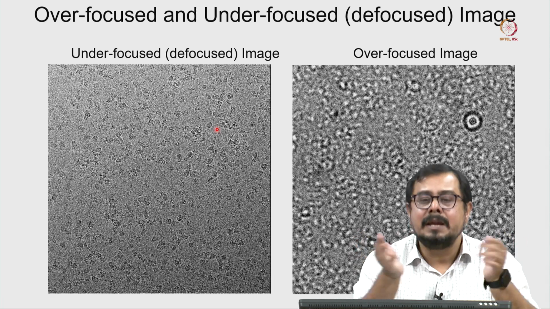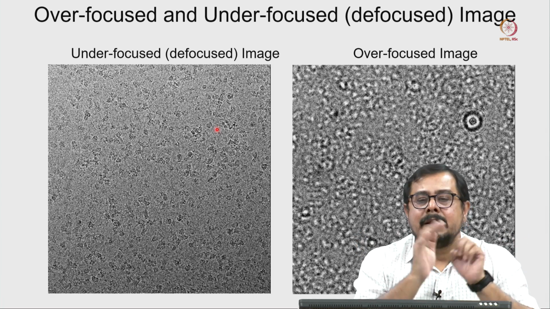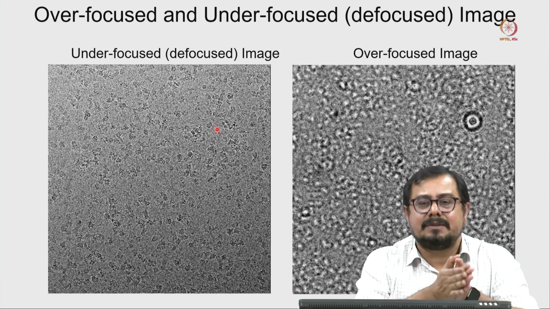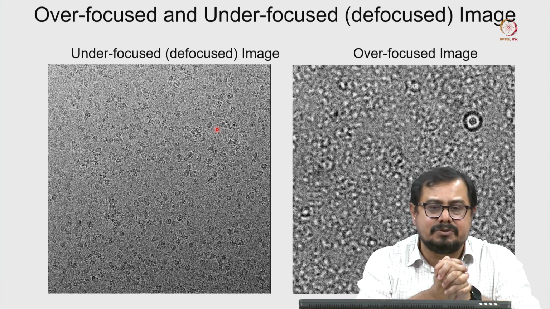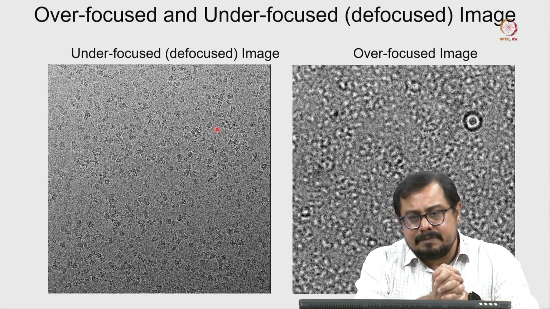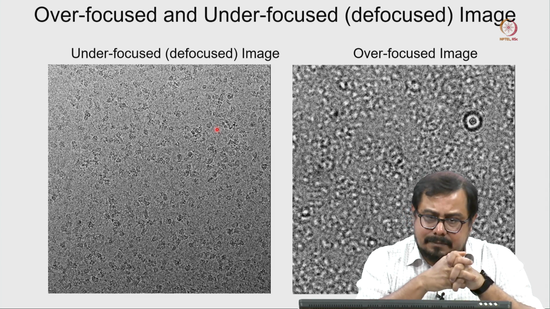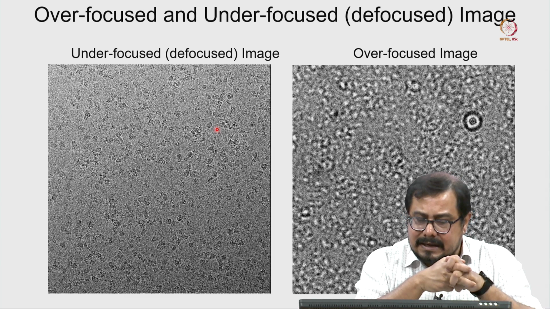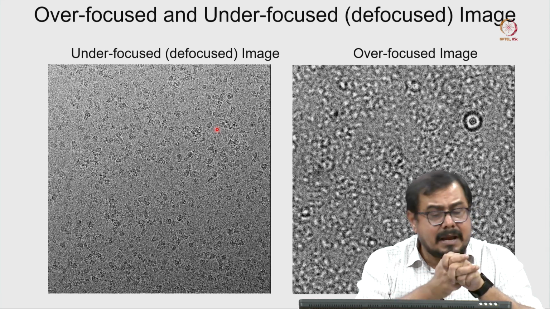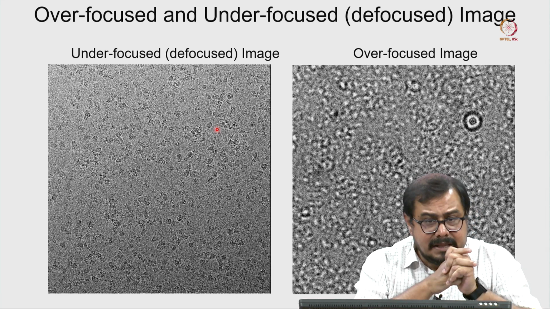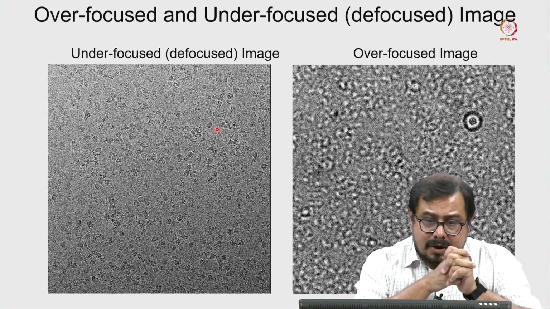You should remember one thing, which is very important: you should correct the astigmatism, or the operator, whoever is using it, should, whether it is a negative staining microscope or a cryo-electron microscope. You have to correct the astigmatism before you collect the data, and this astigmatism may come from the condenser lens as well as the objective lens. If required, you have to correct both.